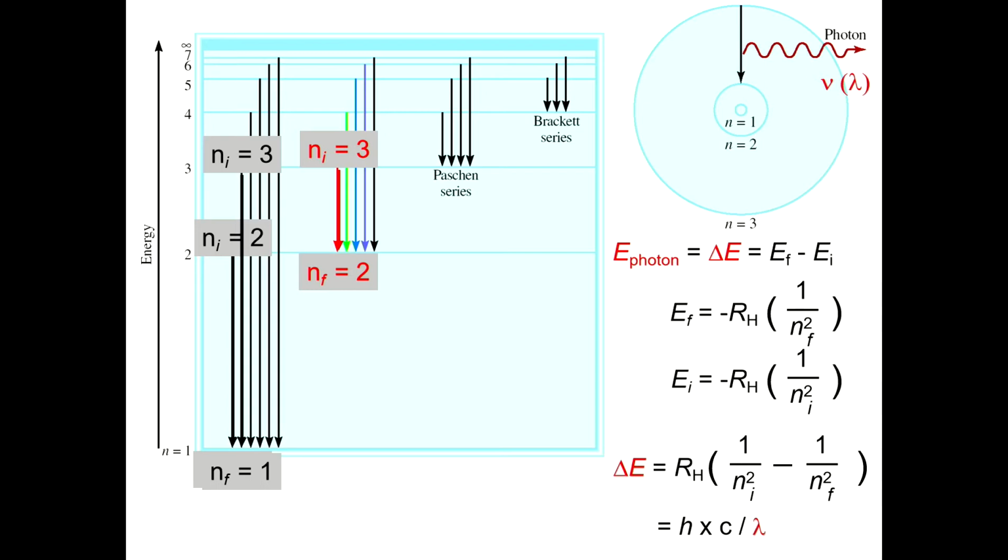What is the n_i number in this case? 3, yes. What is n_f, the final? 2, yes. Then we get this number, and we also know this is a constant, so we can get the energy difference.